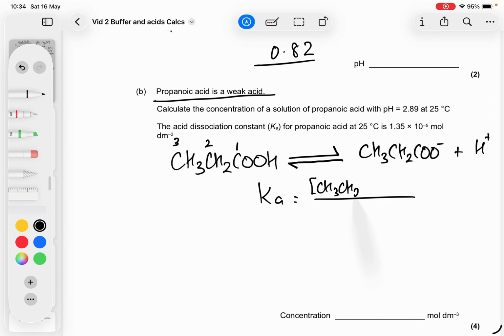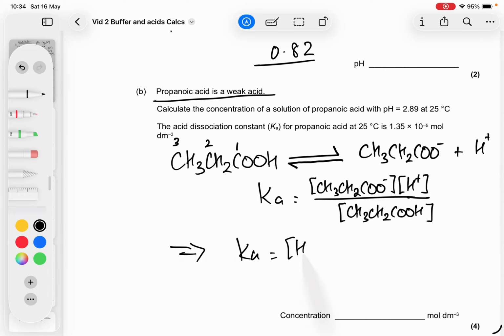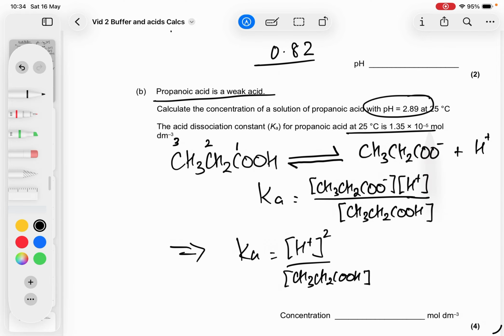Whenever you are doing a weak acid calculation, you must always start with the expression and then say Ka equals [H+] squared over [HA]. Now what information do I have? I know the pH and I know Ka, and I need to work out the concentration.